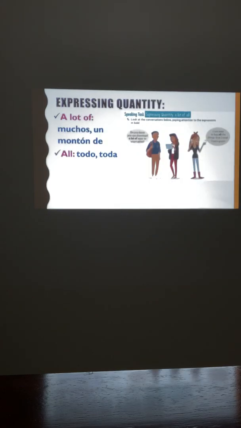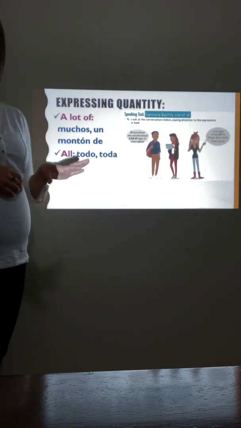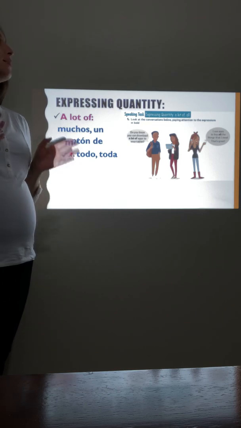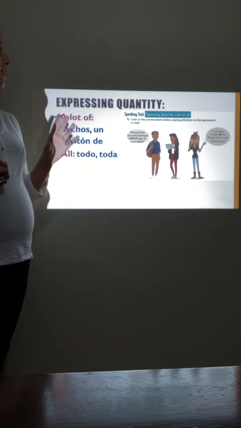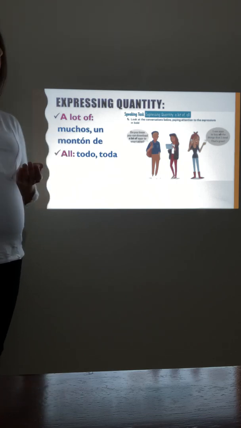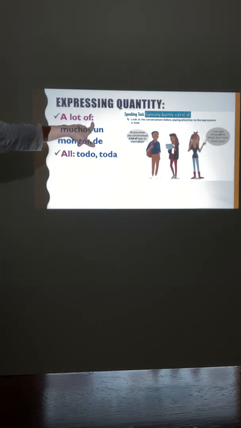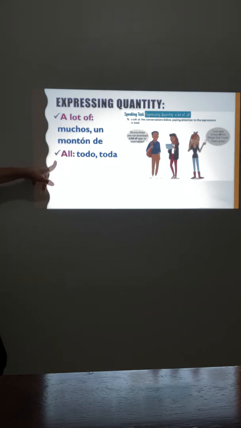Now, I'm gonna show you some of the contents that we have seen until now. So, we have here quantity expressions. For example, we have a lot of. A lot of means muchos, un montón de. And we have all. That means todo o toda.